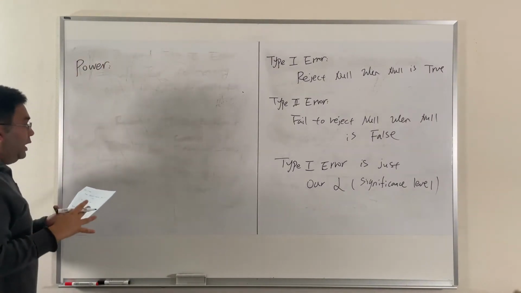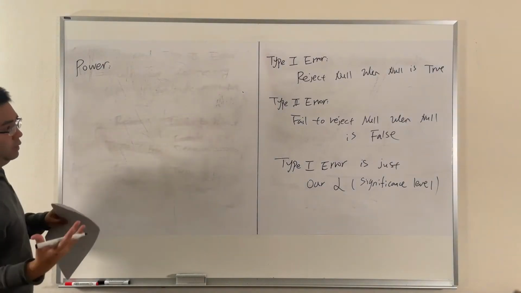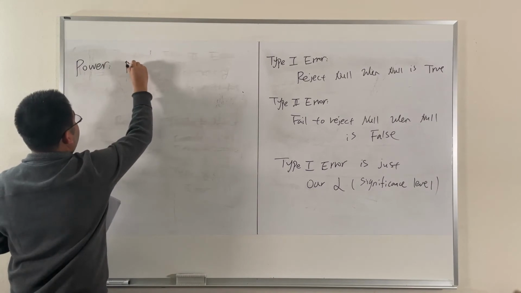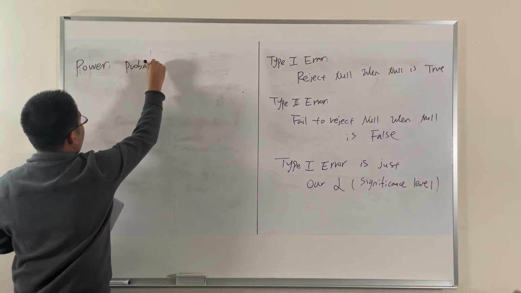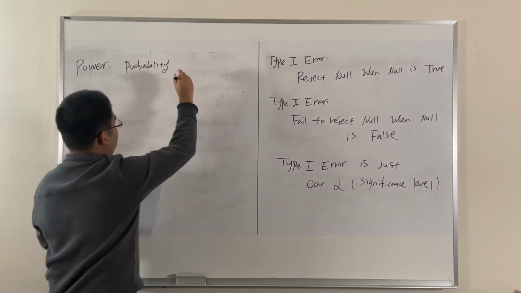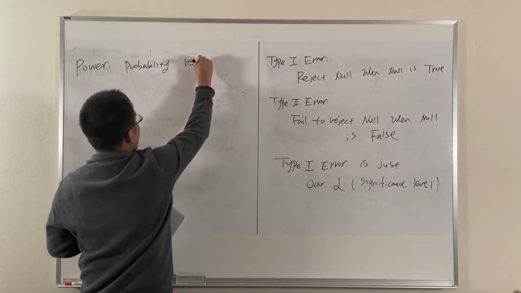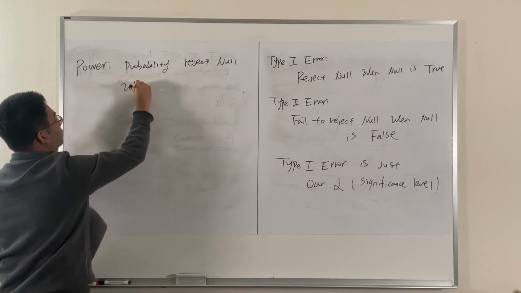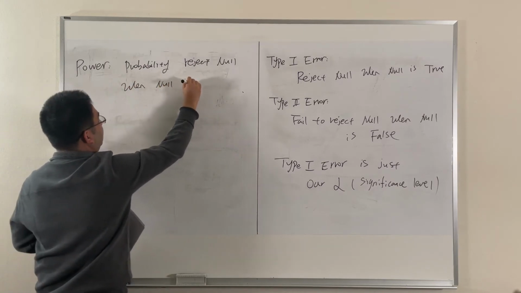Power is the complement of type 2, where power is the probability you reject your null when the null is false.